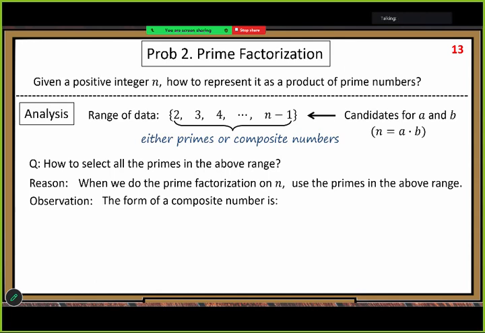In this range, there are two types of numbers, primes and composite numbers. Which type is easier to detect? Composite numbers are easier to detect. Prime numbers are harder to detect. Why are prime numbers harder to detect than composite numbers?